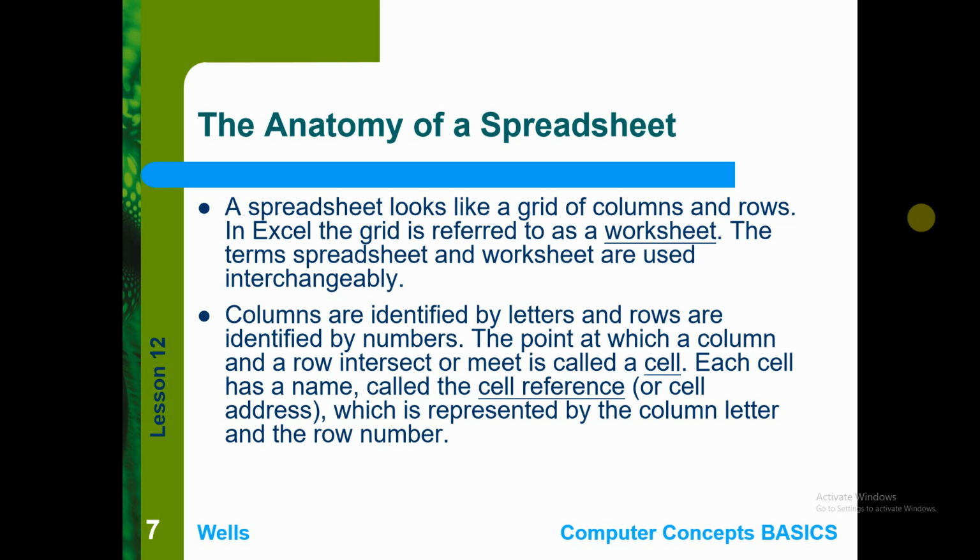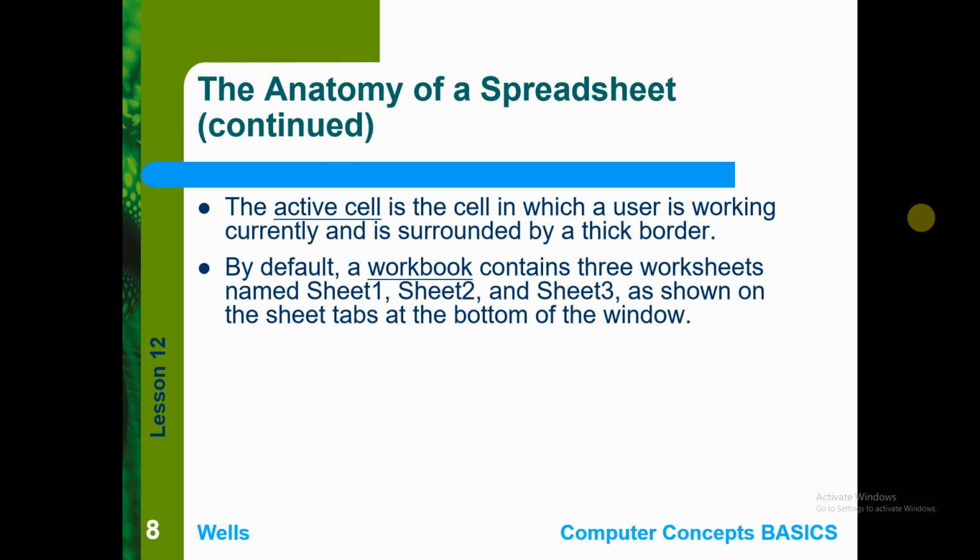So each cell has its cell reference or cell address, which is represented by a column letter and a row number. For example, the active cell is where your current pointer is clicked, or what is selected. It is indicated by a thick border around your cell, which we call the active cell.